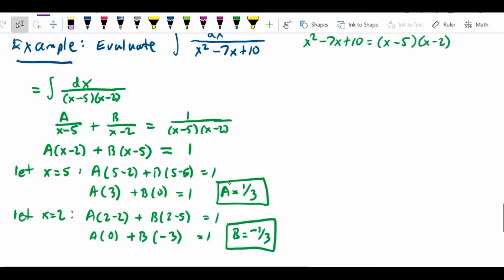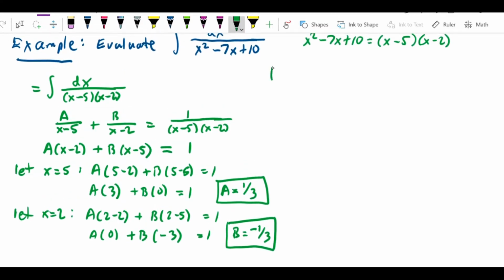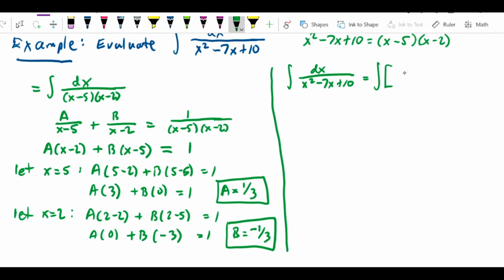So, all right, we now have the constants. So what I can now say is that the indefinite integral of dx over x squared minus 7x plus 10 is equal to the integral of, I've decomposed it into A over x minus 5 and B over x minus 2, so that's going to be (1/3) over x minus 5 and then minus (1/3) over x minus 2, and we'll put a dx after that.